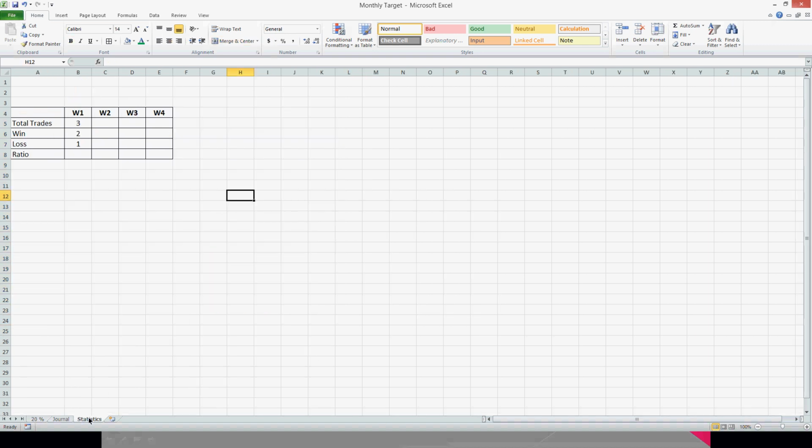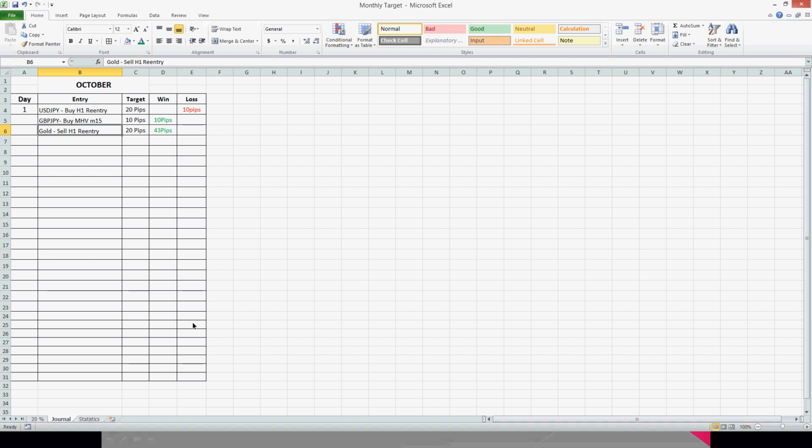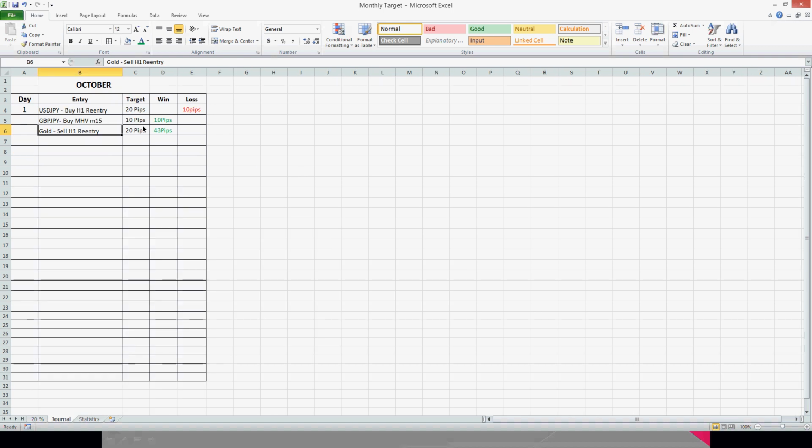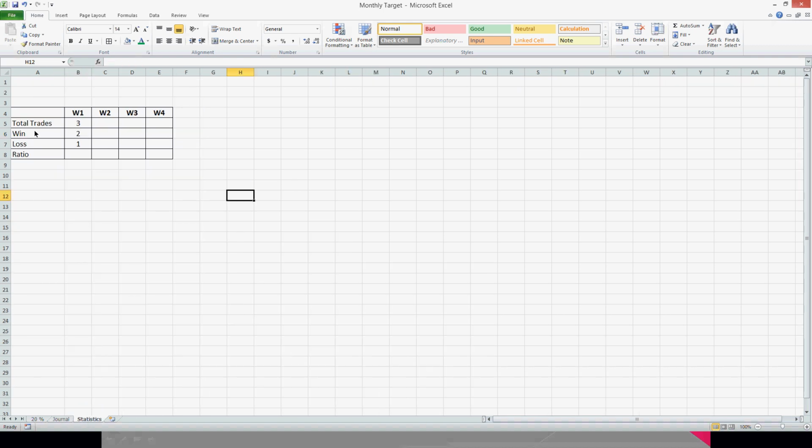Okay, once you have done your journal on a daily basis, you should have a statistic spreadsheet. Based on this, on the first day, I've won 2 out of 3 trades. Then you will have a win and loss ratio for that particular week, so you base it on every week. This is how you set yourself up on a particular goal. You have a purpose, you have set goals that you want to achieve on a daily basis.